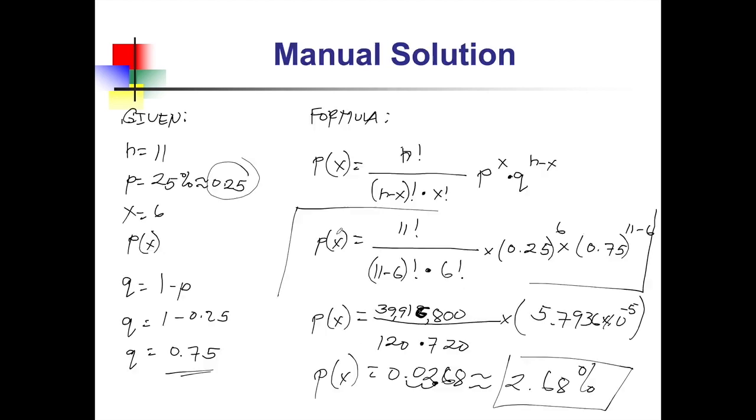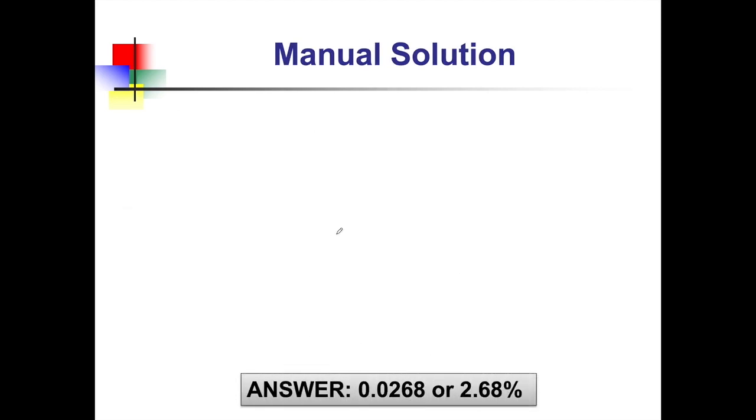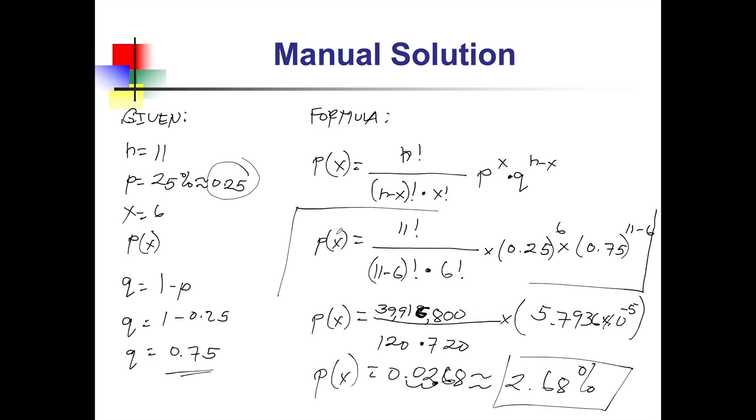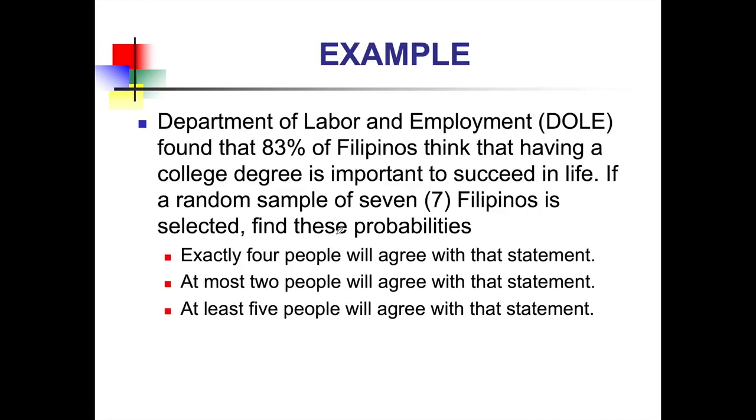I hope you get it. Let's check. Yes, 2.68%. I hope you got it, that is basically how the binomial probability distribution works.